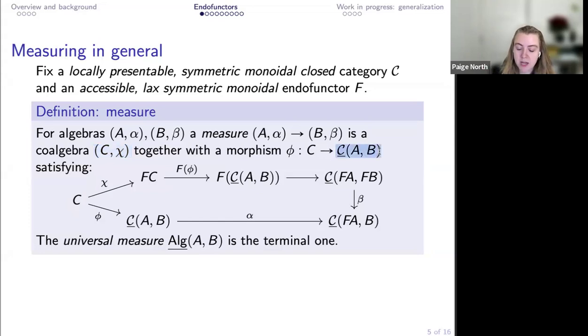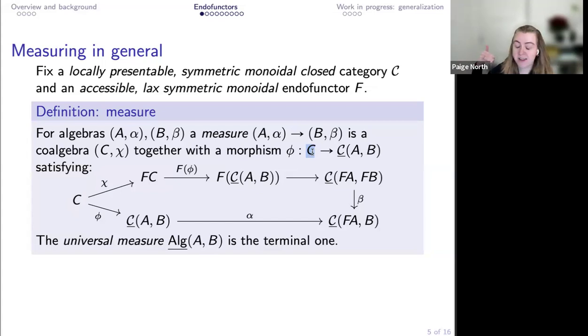We do that by looking at the internal hom from A to B in the category curly C. So we're assuming curly C is monoidal closed. I'm using this underline notation to mean the internal hom in curly C between A and B. So this is an object in curly C. And we're looking at, let's say, C-indexed morphisms.